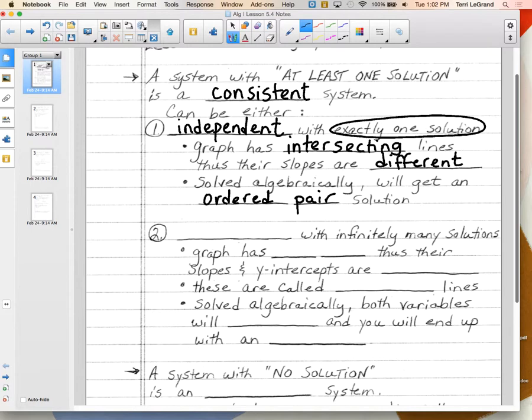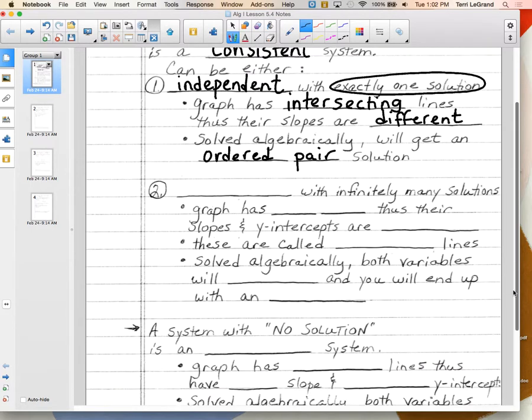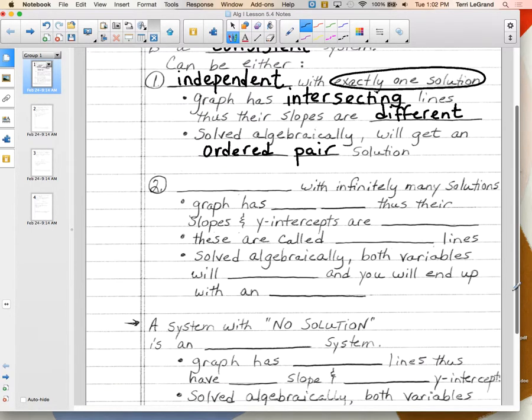So that's one of our types of systems. Well, the other one that has at least one solution and is consistent is a dependent. So here's the middle name for that one. So we have a consistent dependent system also. That's our one that has infinitely many solutions.